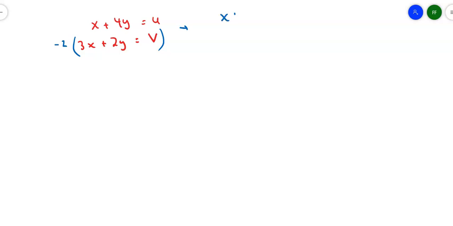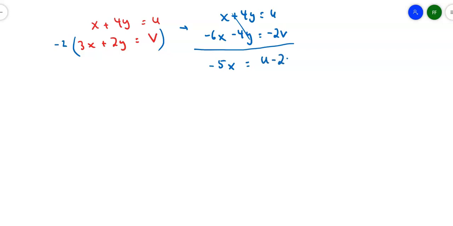So you've got x plus 4y equals u, and you've got negative 6x minus 4y equals negative 2v. Okay, add those together. Negative 6x plus 1x is negative 5x. The y's go away, and what do you get on the other side? u minus 2v. So the first thing here is eliminate the y's.